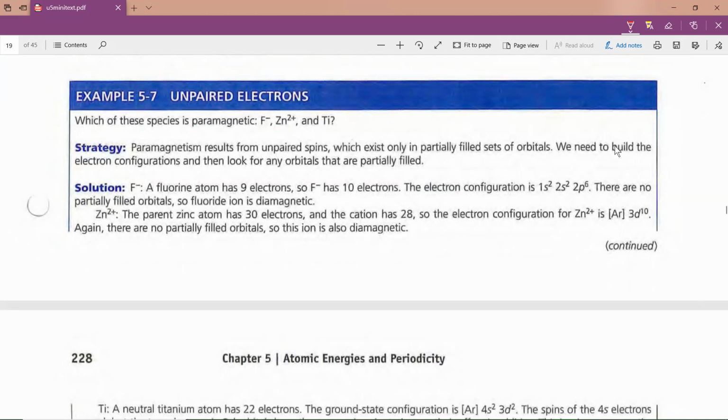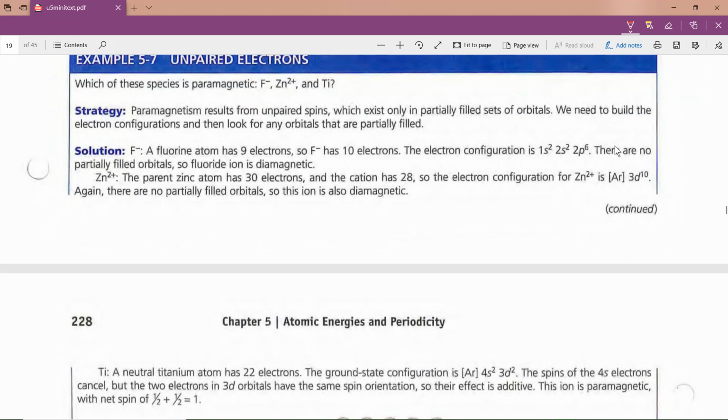So fluoride has 10 electrons. That's got a nice filled shell, so there are no partially filled orbitals, so it's diamagnetic. Zinc 2+: the parent zinc atom is 30, the cation is 28. So it's argon 4s2 3d10, but I get rid of the 4s2, so there are no partially filled orbitals.